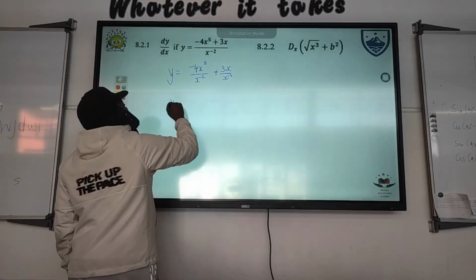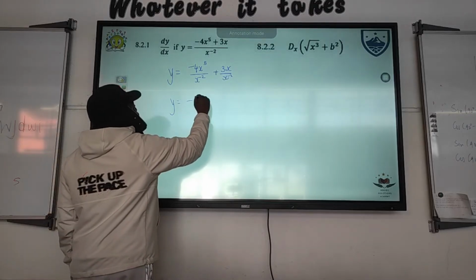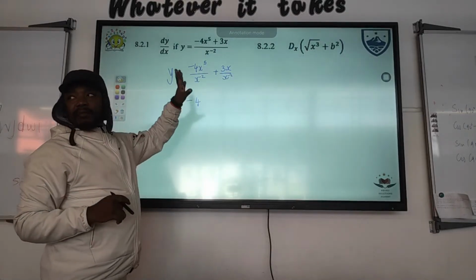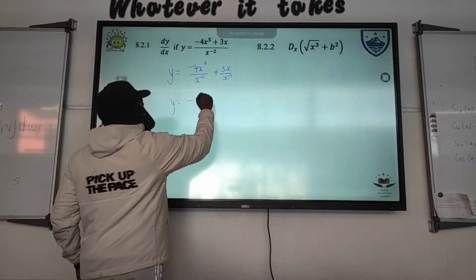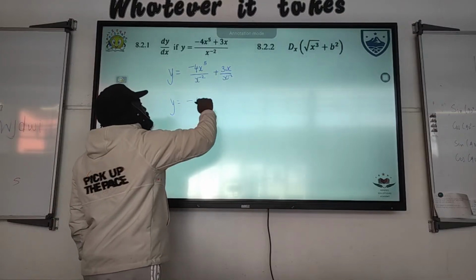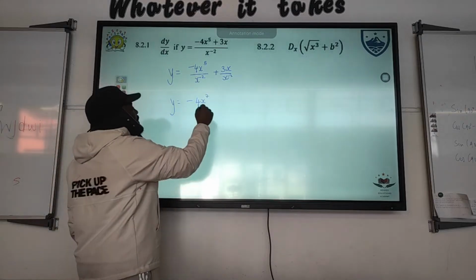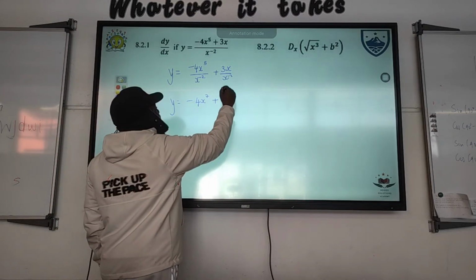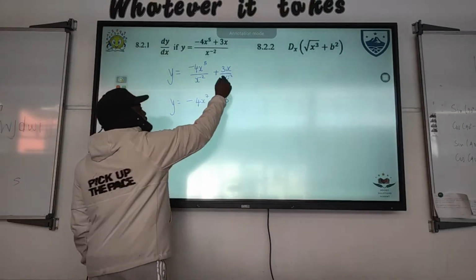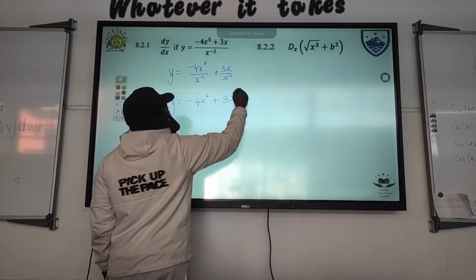And then my y, since I'm still simplifying, it will be a negative 4. When you divide exponents, you keep the base and you subtract the powers. So this will be 5 minus negative 2, which will give us a 7. And then on the other side, we have 3. We divide the exponent. So this will be x to the power of positive 3.